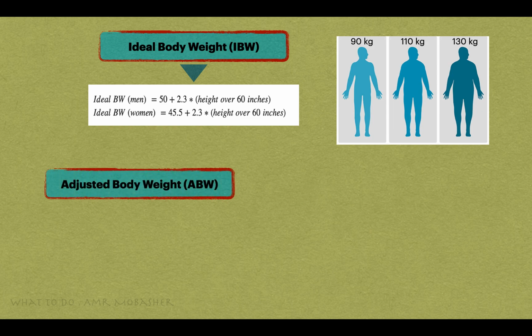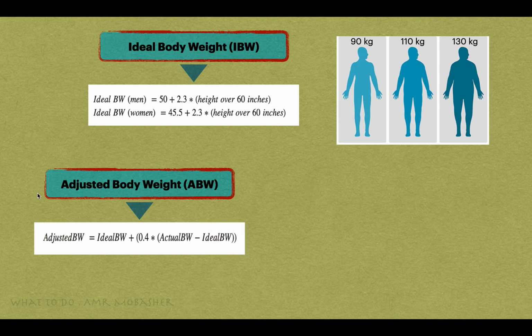So now we have the adjusted body weight, which is an adjustment of the ideal body weight that takes into consideration the actual body weight of the patient, which is logical now.